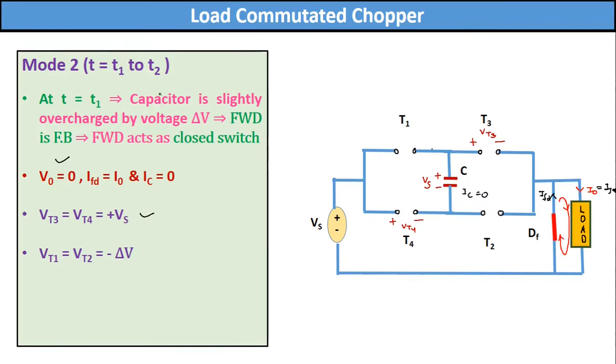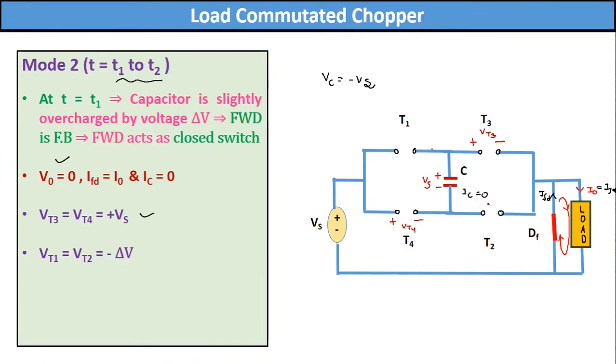Now the second mode of operation goes from time t equal to T1 to T2. Here the capacitor voltage polarity will be positive on the upper plate and negative on the lower plate. That means the voltage across the capacitor will be equal to minus Vs. Because of this voltage, the plus goes here and the minus goes here.